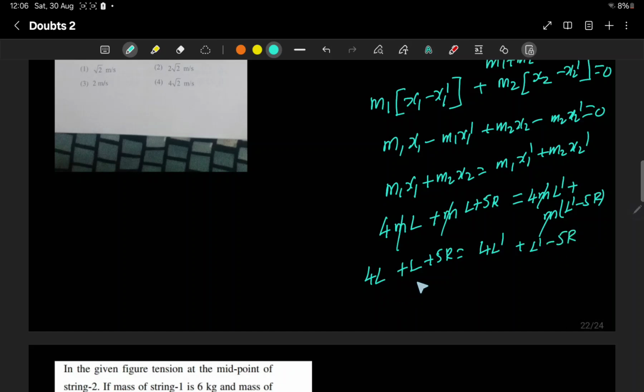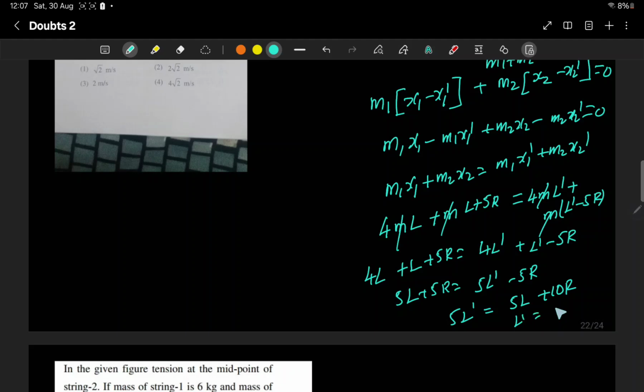So here 5L plus 5R equals 5L prime minus 5R. If you want to find L prime, 5L prime will be equal to 5L plus 10R.